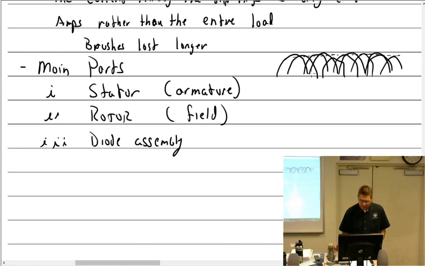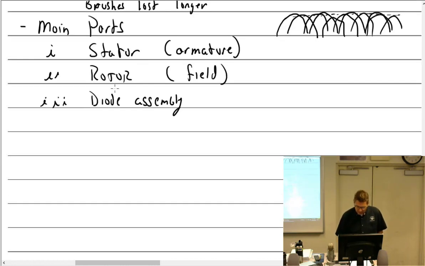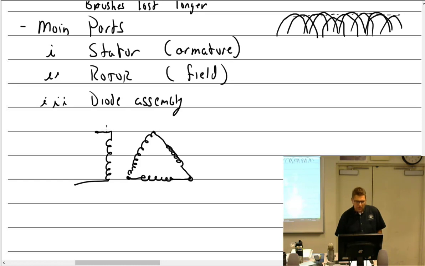I don't think I have a picture of a diode assembly, but maybe we can draw something here. So let's see. All right, so over here I got the field.